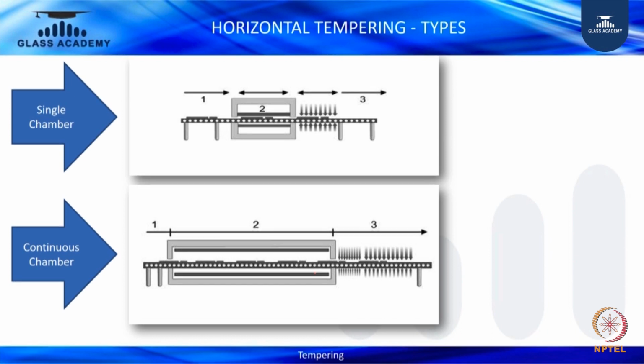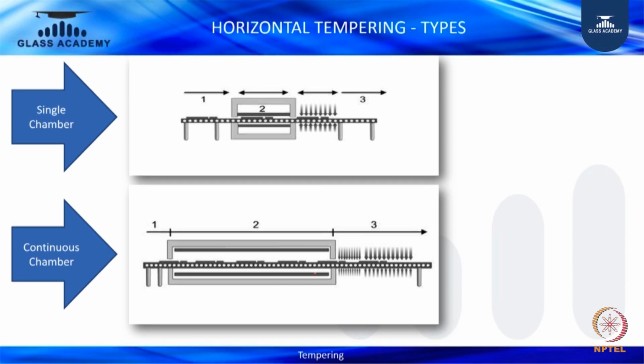You can see the single chamber, part number 2, where there is one chamber and the heating portion is tiny when compared to the continuous chamber below, the same part 2, which has a larger area.